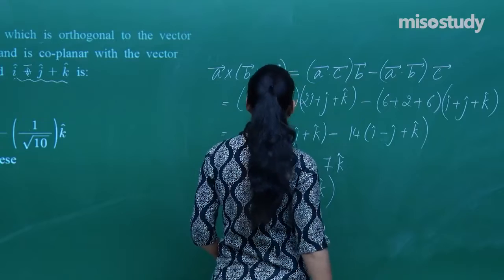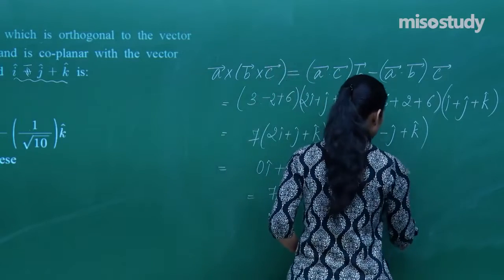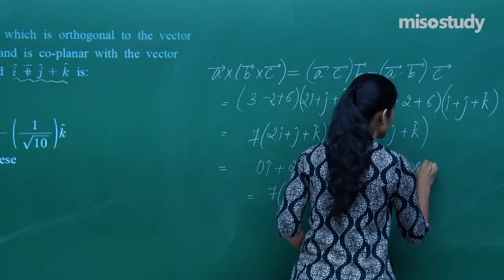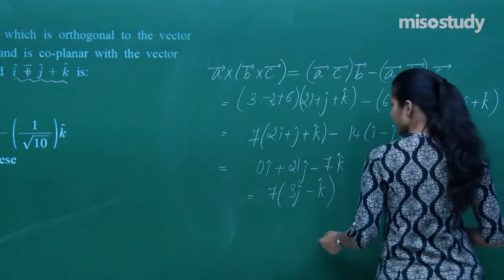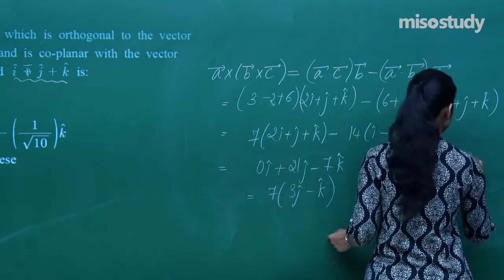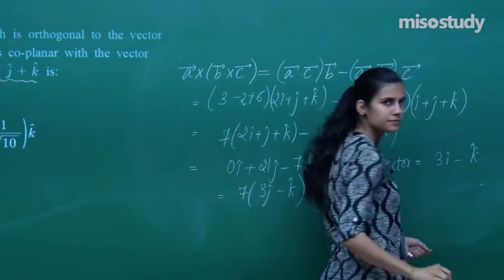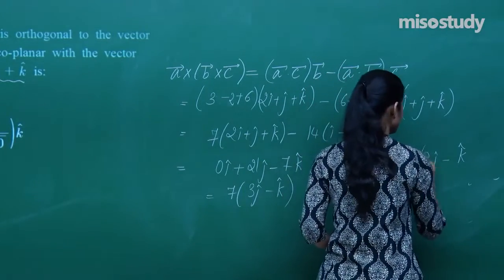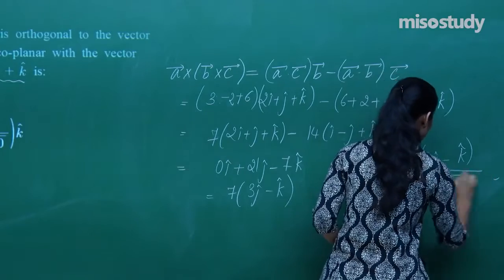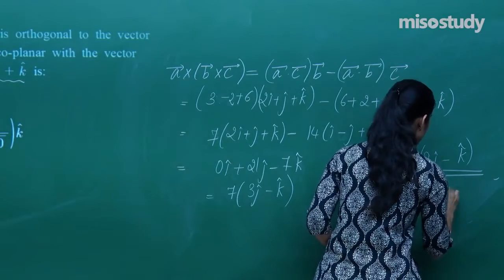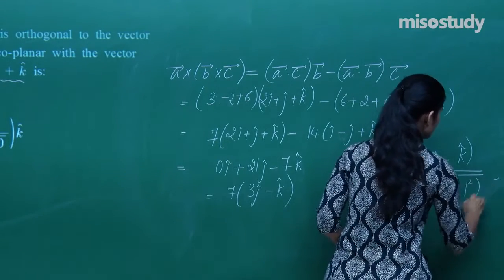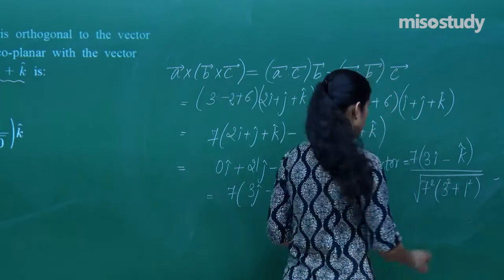The moment you get this, what is the unit vector? Unit vector will be 7(3j cap minus k cap) whole upon under root of 7 square, 3 square plus 1 square. Now this is 7 square.